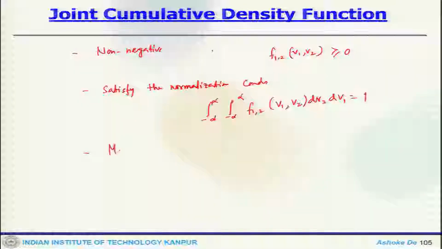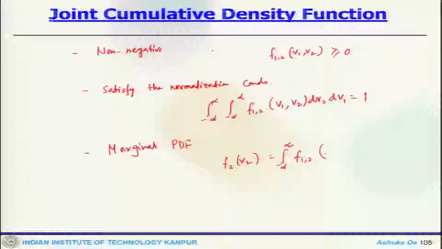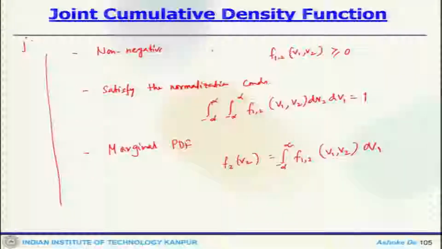And the marginal PDF, where you get f2 equals the integral from minus infinity to plus infinity of f12(V1, V2) dV1. So, these are some of the properties of the JPDF, the joint probability distribution function.